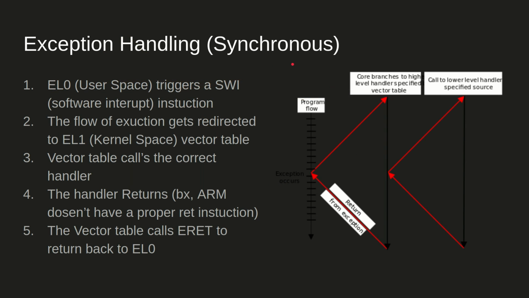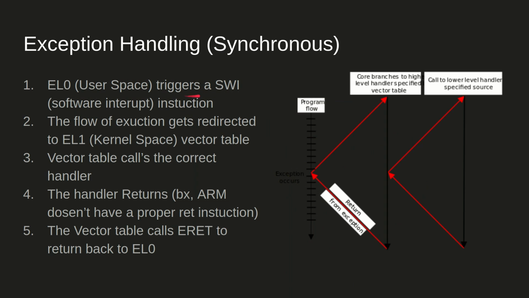Okay, exception handling, and this is asynchronous exception handling. I'm just going to quickly go over how a normal operating system does it, and then we're going to quickly explain how a virtual machine does it. Basically, first, an exception occurs, in terms of ARM, in EL0 application space.